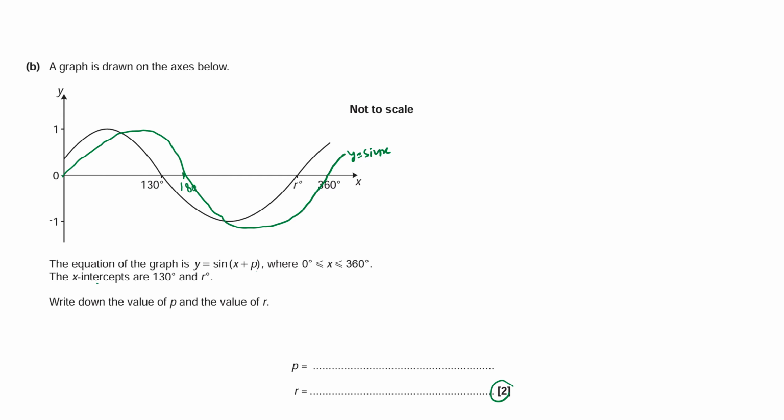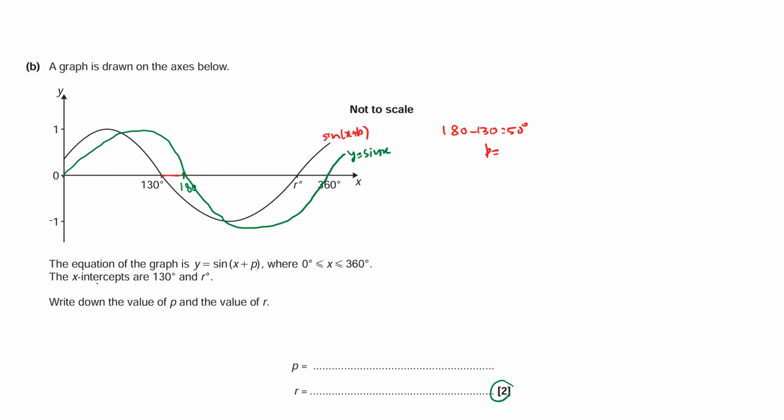Then you see, it's very easy to see the shift in the graph. So this is 180, and 180 minus 130 is 50. So it has moved by 50 degrees. So this is the graph of sine x plus b.